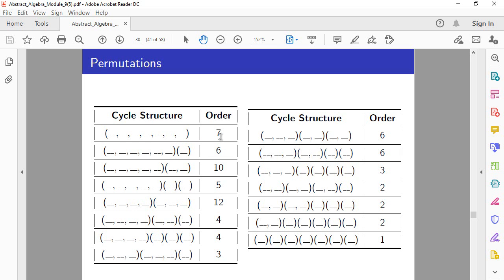Okay, so now we know that in S7 we have elements of order 1, 2, 3, 4, 5, 6, 7, 10, and 12.